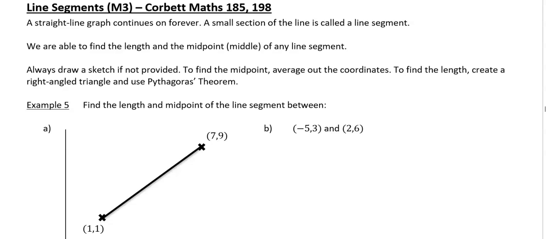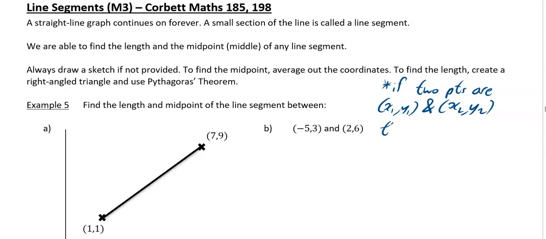Okay, can we add in here down the side? We're going to look at this one here, a slightly different way of saying it. Can you just put in a wee bit extra notes? Just say if 2 points are x subscript 1, y subscript 1, and x subscript 2, y subscript 2, then the length is equal to, and you'll see more in a wee minute where this comes from, but it's from Pythagoras' theorem.